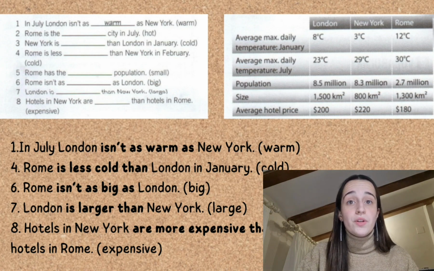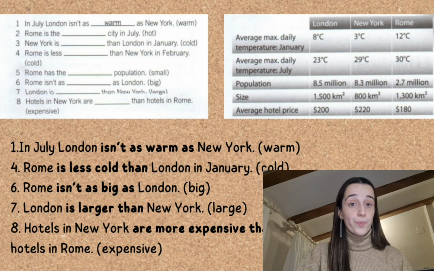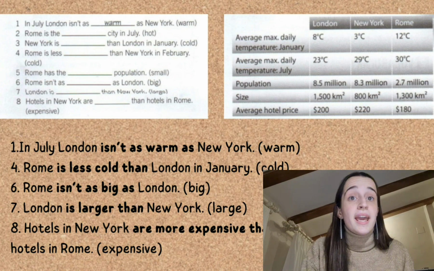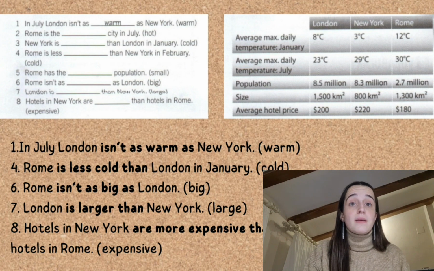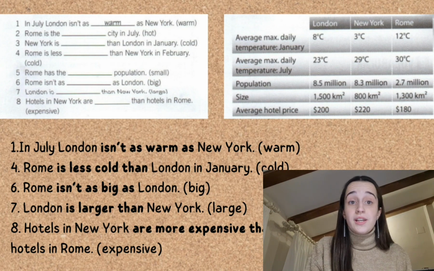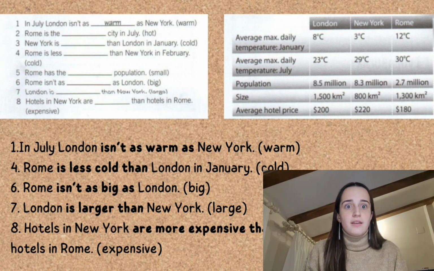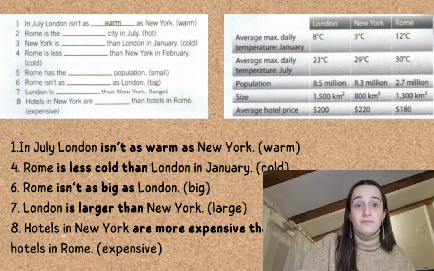In July, London isn't as warm as New York. 4. Rome is less cold than London in January. Why? Because the average maximum daily temperature of January in London is 8, but in Rome it is 12. So 8 is less than 12. London is colder than Rome.